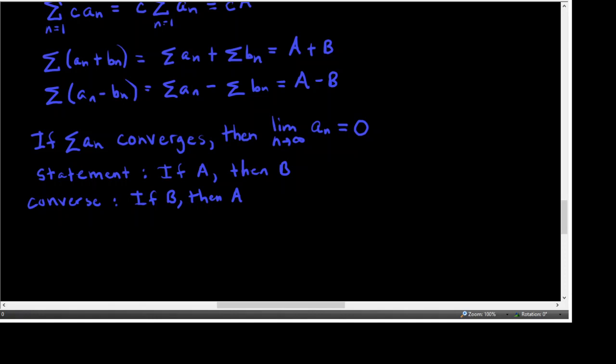Anyway, is the converse of that statement necessarily true? If you're a male, then you play for the Dallas Cowboys. I don't think so. I don't think my 88-year-old father plays for the Dallas Cowboys. So, no, the converse is not necessarily true. If you have a true statement, its converse is not necessarily true.